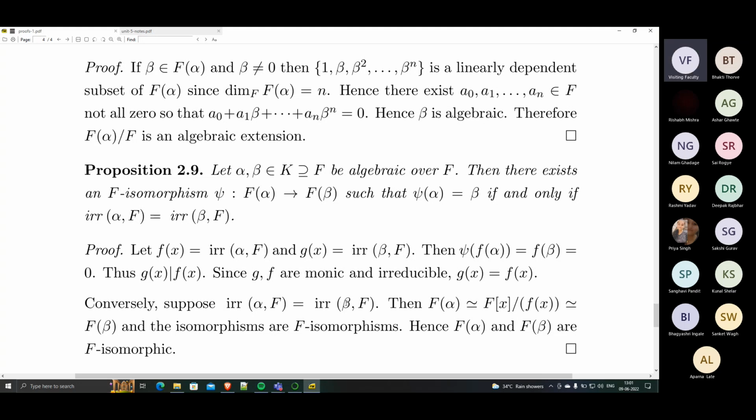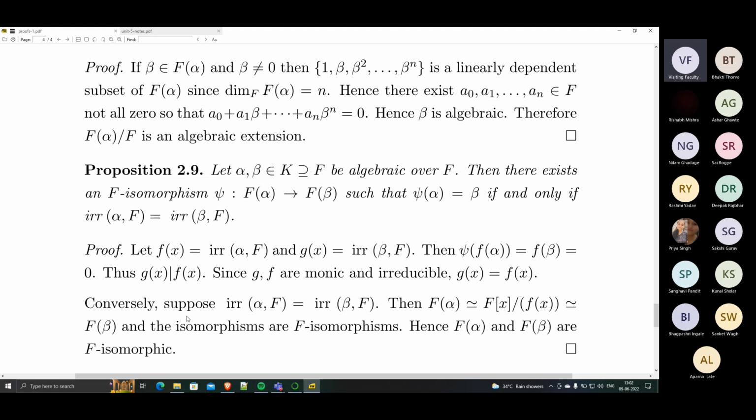Now the converse. For the converse, you just have to use what we have done before. If the minimal polynomials are the same, then we know that these are algebraic elements. So the field F(alpha) is isomorphic to F[x] mod the minimal polynomial of alpha. But this is exactly equal to the minimal polynomial of beta. So this as a field is equal to F[x] mod the minimal polynomial of beta.